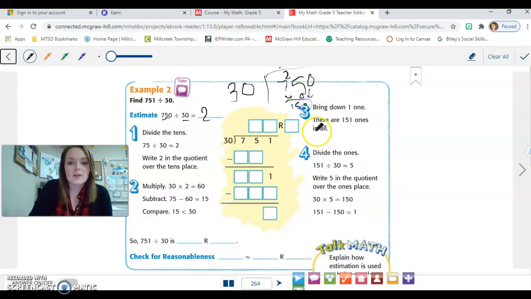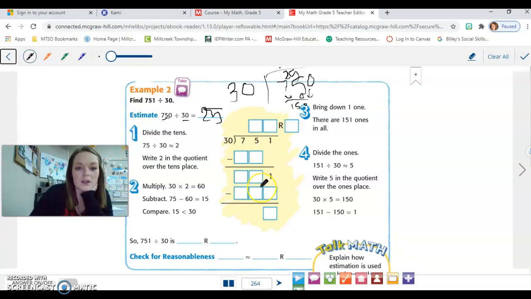How many times does 30 go into 150? Okay, we can count. 30, 60, 90, 120, 150, 5 times. So our answer is going to be 25. 30 goes into 750 25 times.